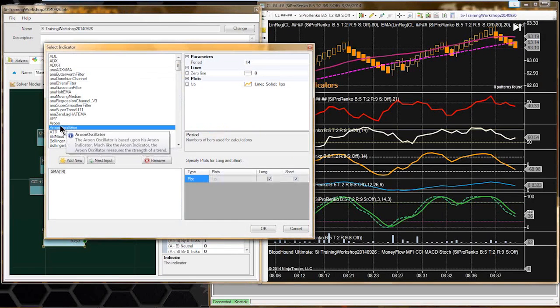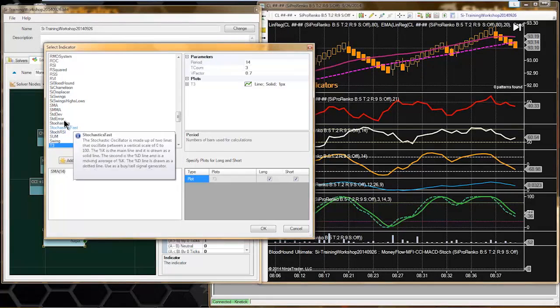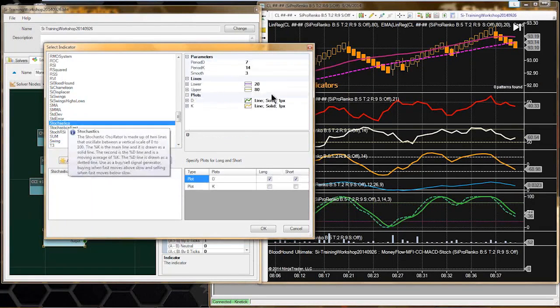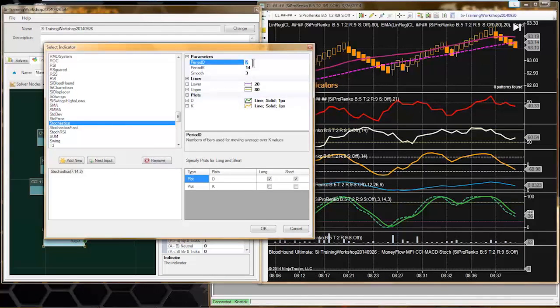So let's switch indicator A over to the fast stochastics. Grab our stochastics, and we're changing the settings here. We're going to use a 314 instead.